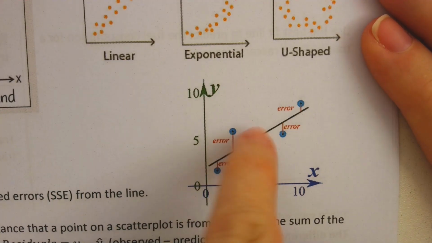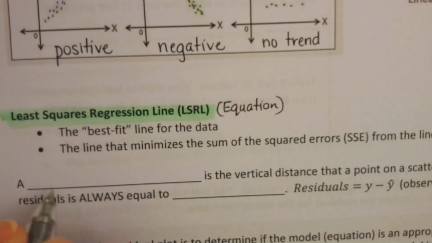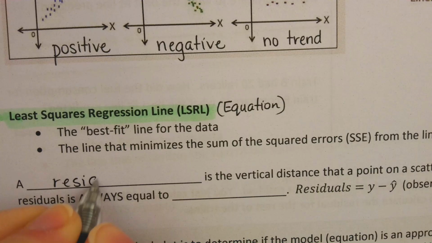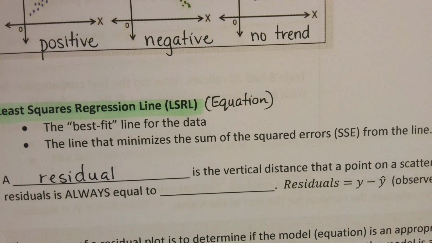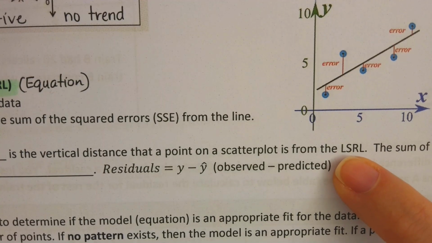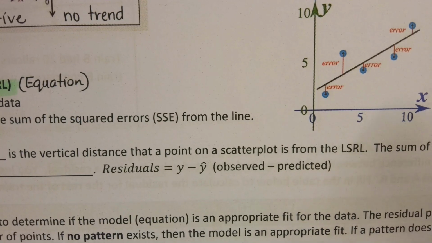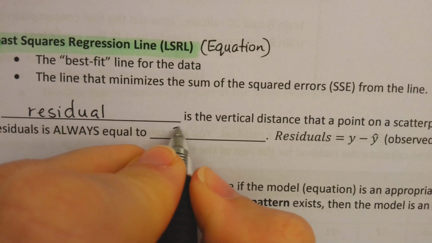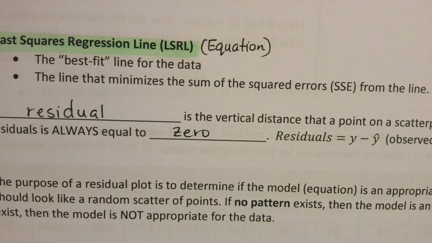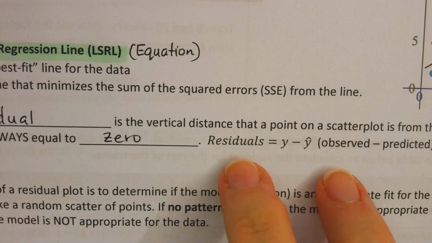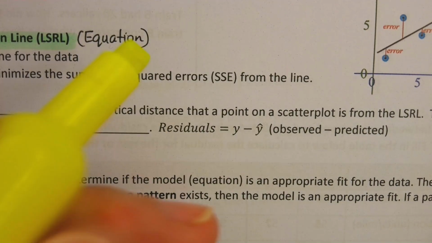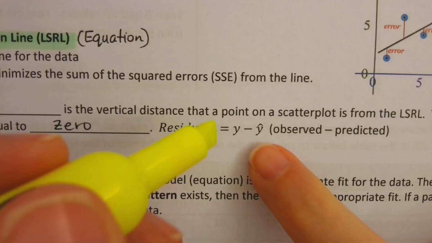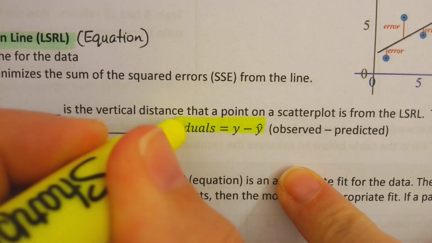These little errors in AP stats are what are called the residuals. Residual. A residual is the vertical distance that a point on a scatter plot is from the actual least squares regression line, which is the equation that you wrote. The sum of the residuals is always going to be equal to 0. That's more important for AP stats. But what we will be using a bunch today is this equation right here. To calculate a residual, you're going to be doing y minus, anyone know how we'd read that little y with the hat on it?